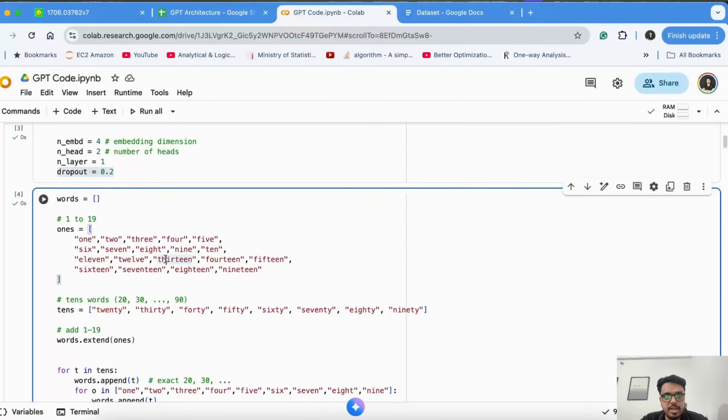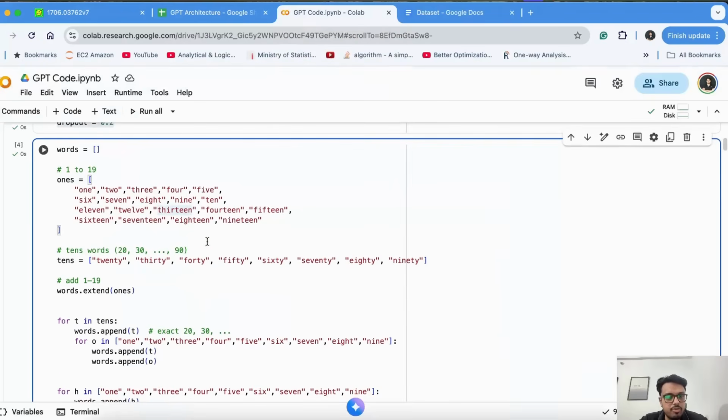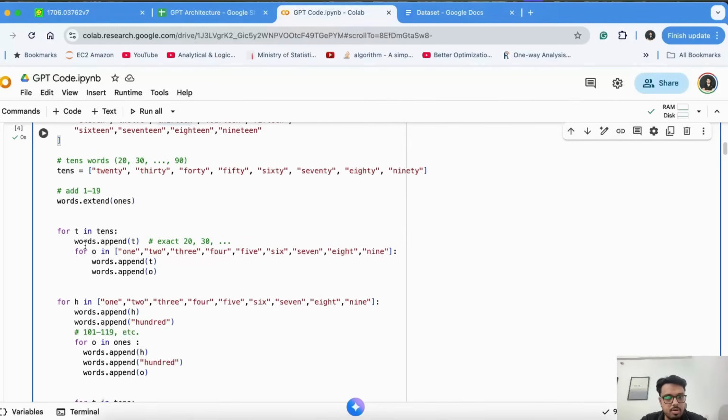Now let's quickly create this data set, which is 1 to 999, all the integers written down in words. Very simple code for that. We define the ones, tens, and first we add 1 to 19, then all the 20s, 20, 21, right up till 99 is what is getting looped in over here.